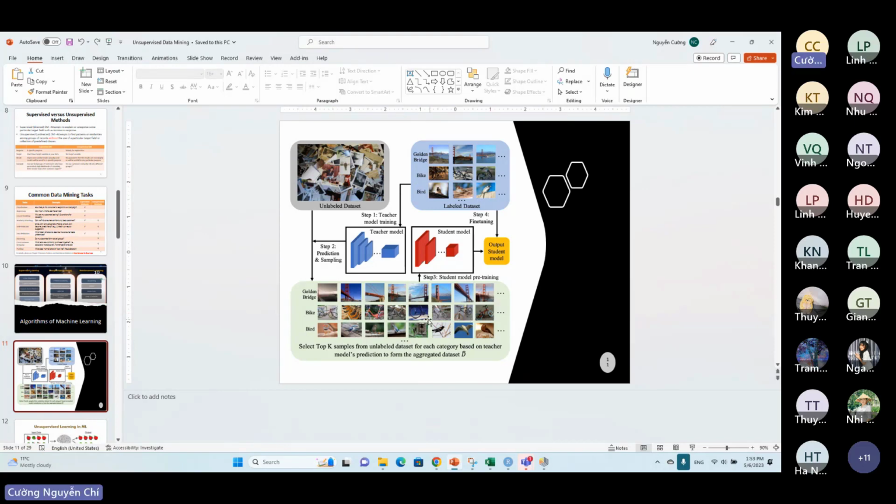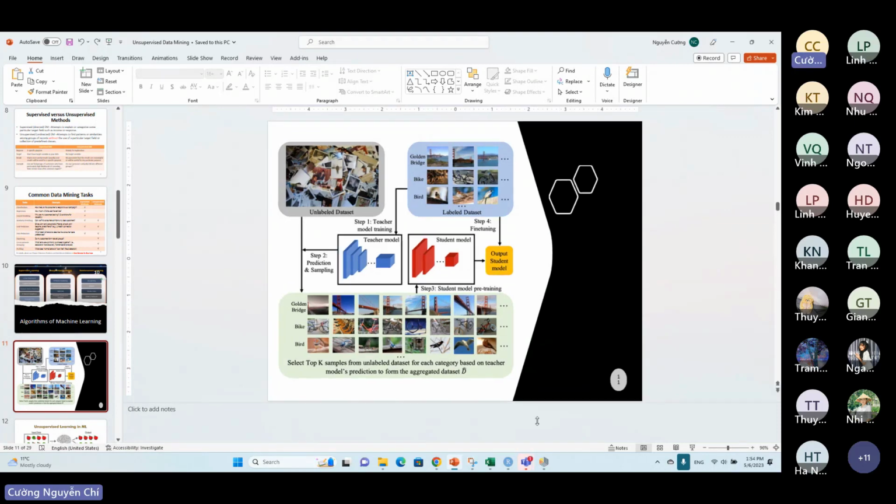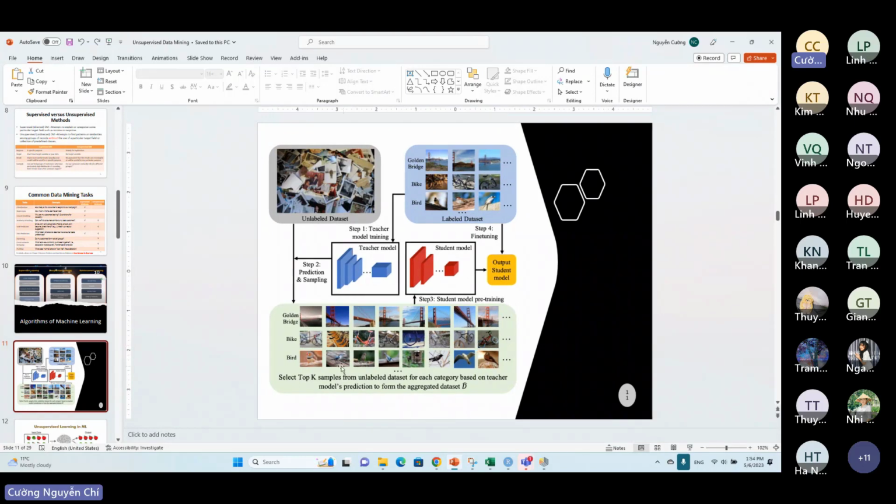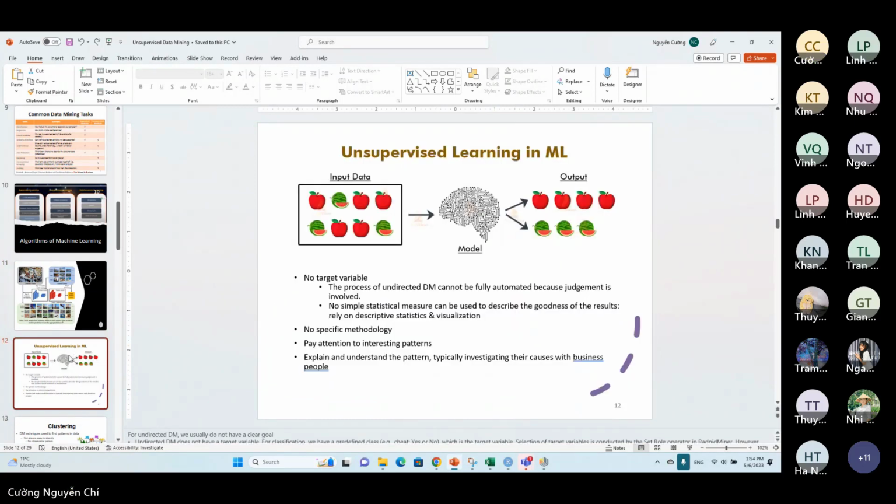So with the unlabeled data sets with a lot of images, by using some data mining model, they will later generate the classification, they generate the label or the cluster. For example, all of these images, okay, they will classify into the group called golden brick, because they all demonstrate golden brick, right? And all these images will be about the bicycle, because they are demonstrating the bicycle, and the same with the bird, okay? So that's what the people do with the data mining.